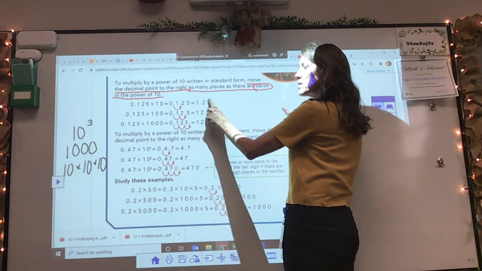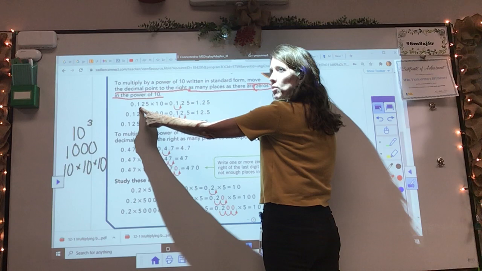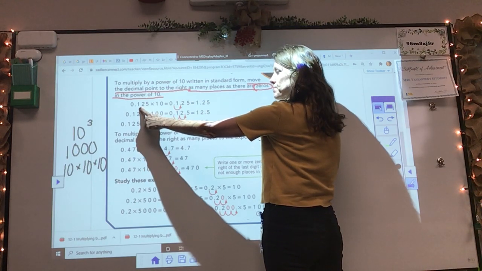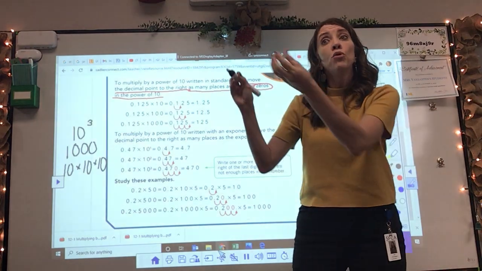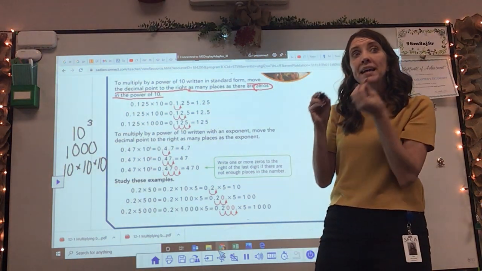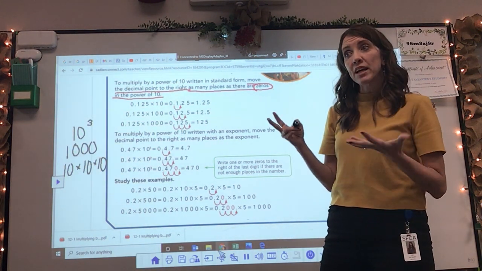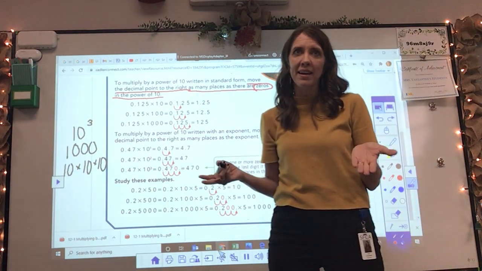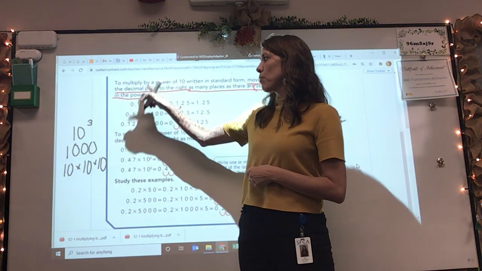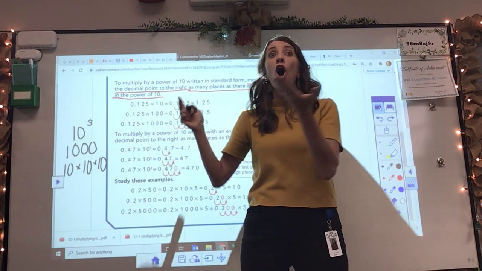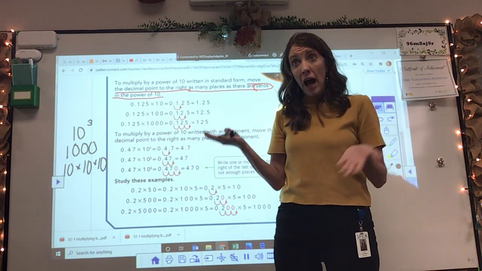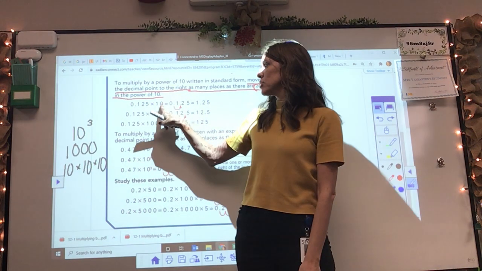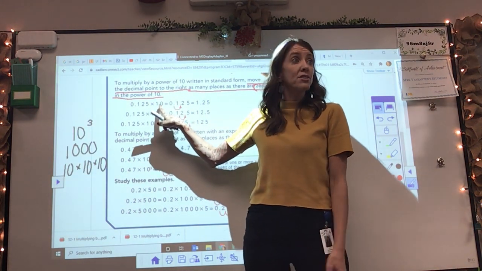Is 1 and 25 hundredths bigger than 125 thousandths? Yes. So we know we move the decimal point the right way. Moving the decimal point to the right always makes the number bigger, which is what we want because we're multiplying. So when you multiply by a power of 10, always move the decimal point to the right. The only thing you need to do is figure out how many places. Well, that's easy. Move it the same number of places as there are zeros.